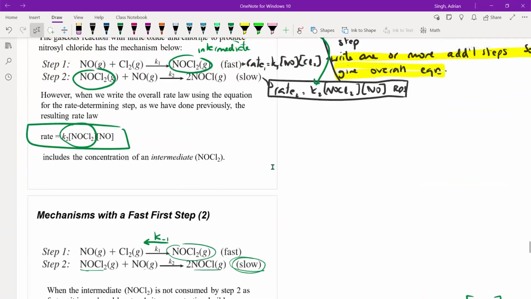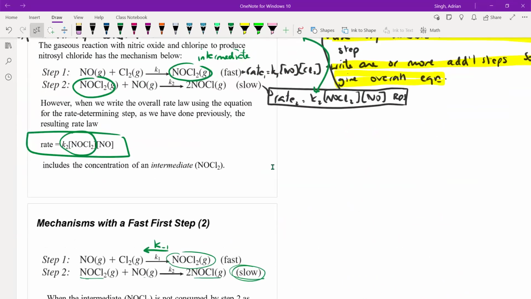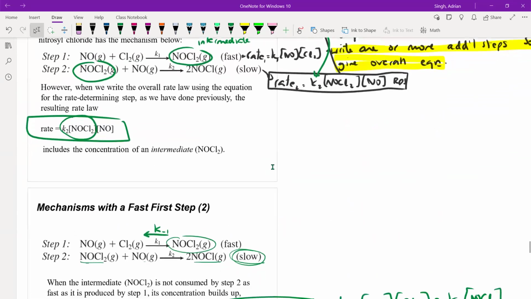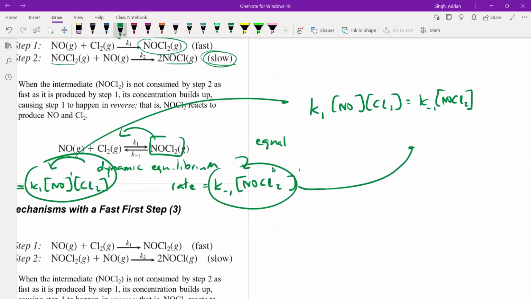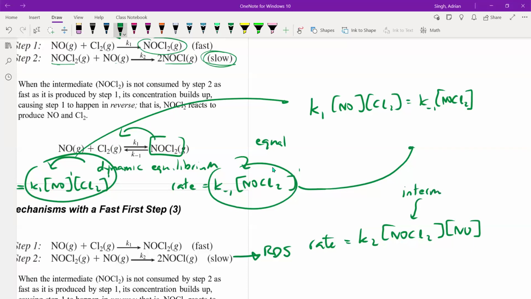If you remember, we wrote the rate equation for the slow step. That slow step is our rate determining step, RDS, and the rate here is equal to K2 times NOCl2 times NO. So we have the concentration of an intermediate as part of the rate equation, which cannot happen.